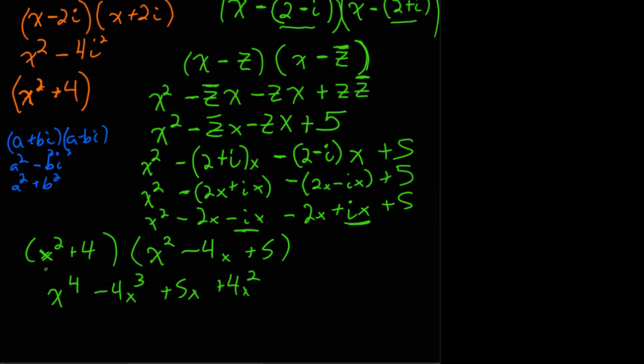Sorry, just making sure my signs are right. There's what I was missing. Alright, so x to the 4th minus 4x cubed plus 5x squared, 4x squared, minus 16x, plus 20.